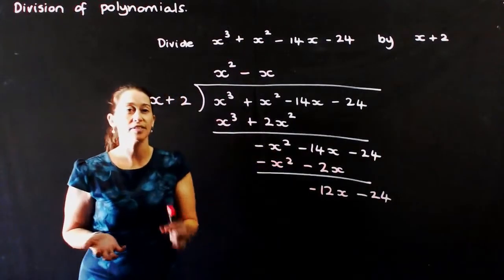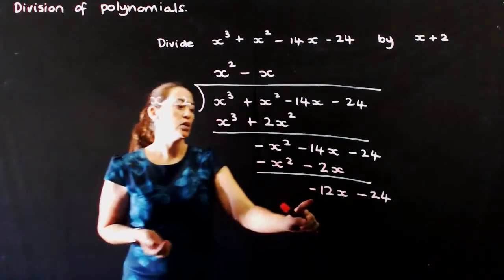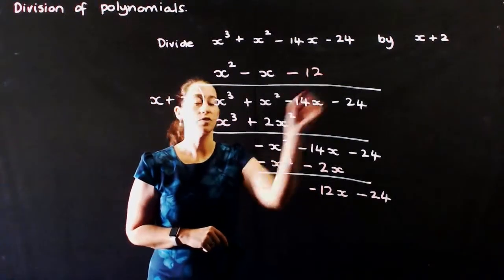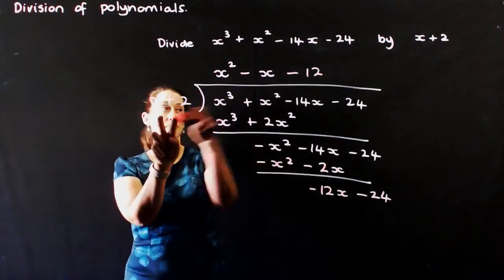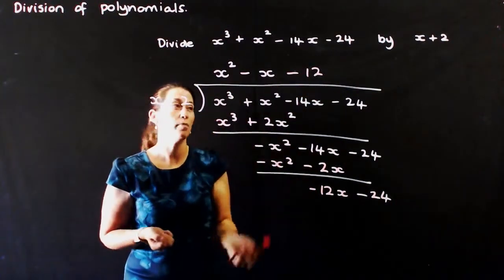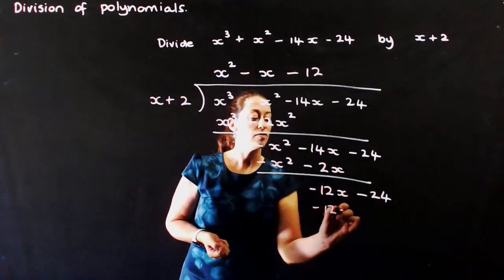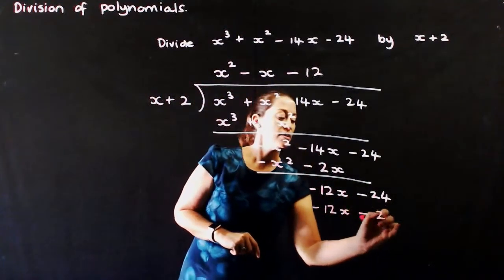And we repeat the process again. We divide this remainder by x. Minus 12x divided by x leaves me with minus 12. And I've got the multiplication process to do. Let's multiply x plus 2 by the minus 12 and see what remainder we have. Minus 12 times x is minus 12x, and positive 2 times minus 12 is minus 24.